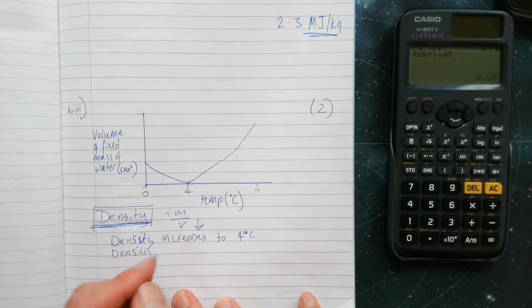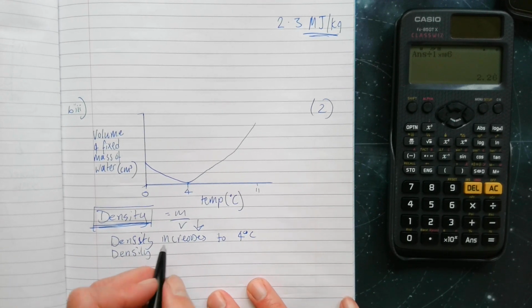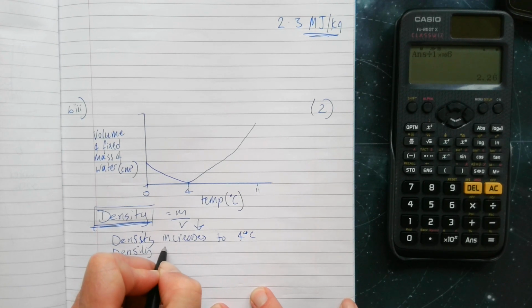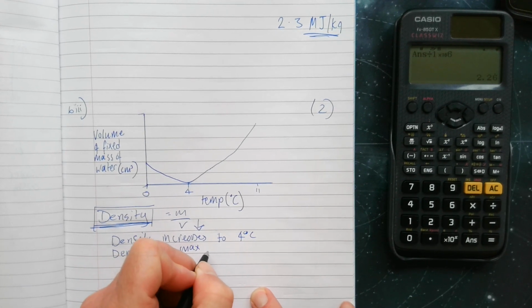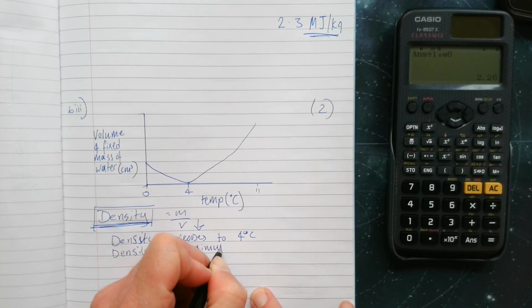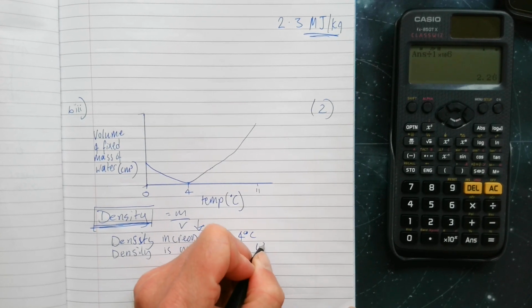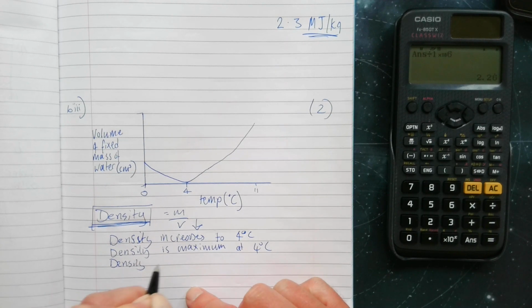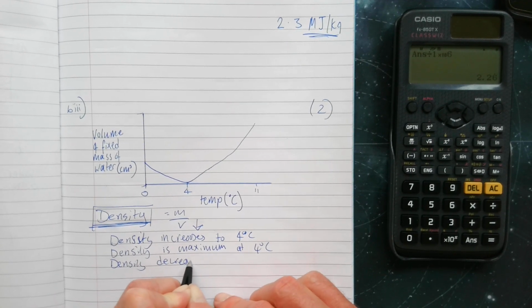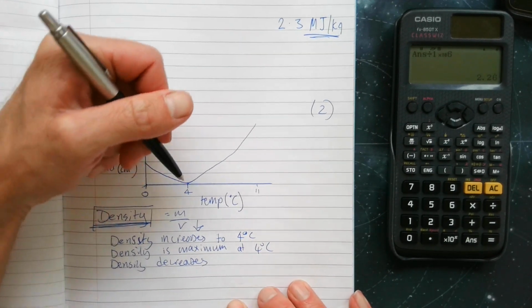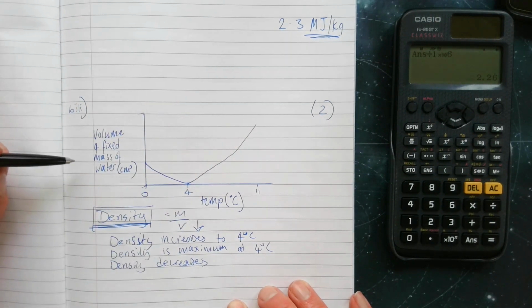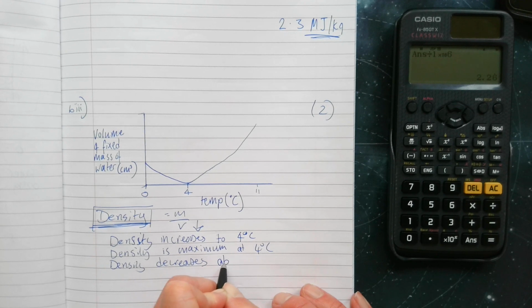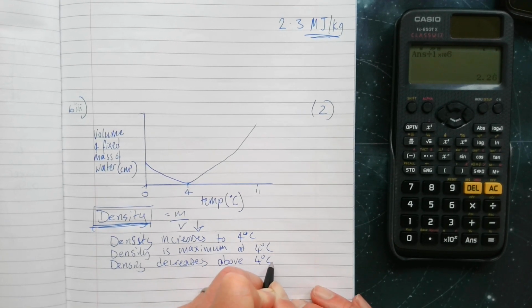I'm going to put 3 points here. There's only 2 marks though, so you need 2 of these points. Density is maximum at 4 degrees C. Density then decreases, so it starts decreasing even though this graph's going up. Remember, that's volume, so density decreases above 4 degrees C.